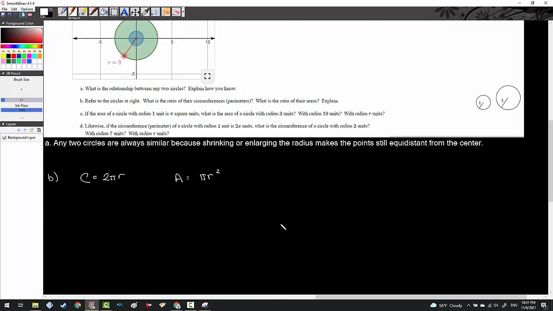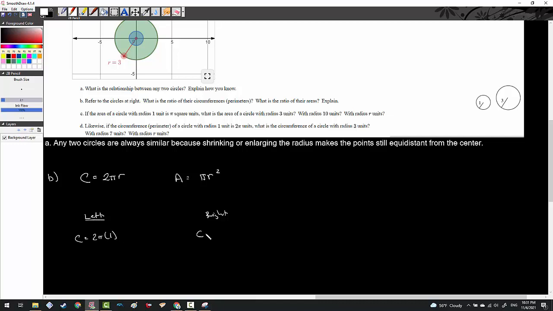And so when you look at the left circle versus the right circle, let's take a look. It looks like the scale factor of the radius is 3. So the circumference, being the perimeter of it, should have the same scale factor. Let's see if that's true. The left circle, the circumference is going to be 2 pi times 1.